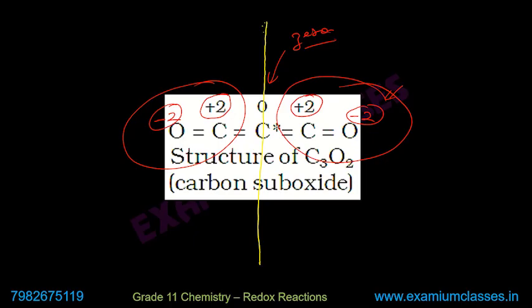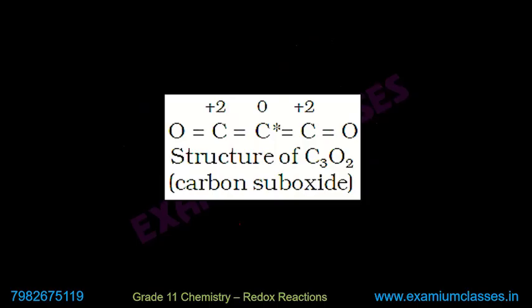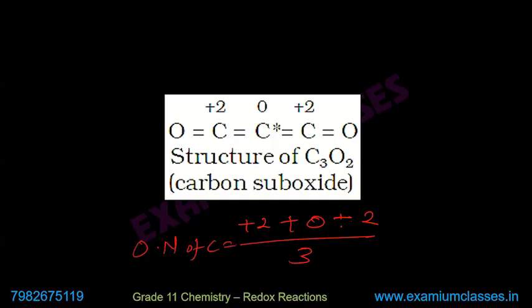It can't, because it is symmetrical on both sides. The overall oxidation state will be the average of the 3 oxidation states, that is +2, 0, +2, divided by 3. So the oxidation number of carbon in this case will be the sum of oxidation states divided by the number of atoms. So it will be +4/3, which is a fraction, but actually it is an average.